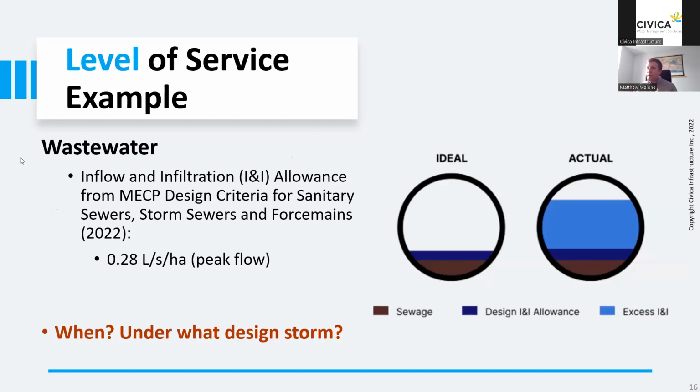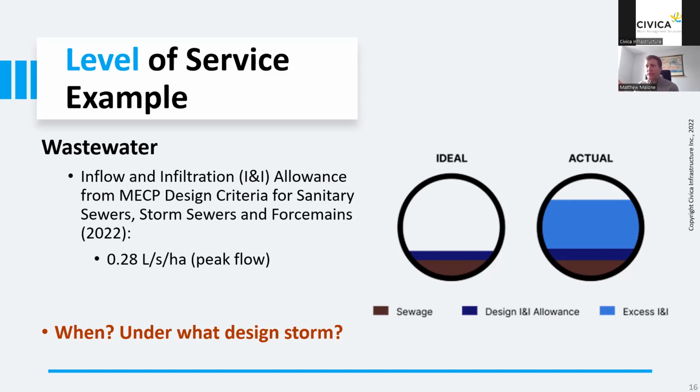When we talk about wastewater, one of the key ones that we do a lot of work with is I&I. This is the newest I&I allowance from the MACP design criteria, which was published this year, an update as part of the CLI ECA regulations and updating the design criteria around that. So this is just one example.